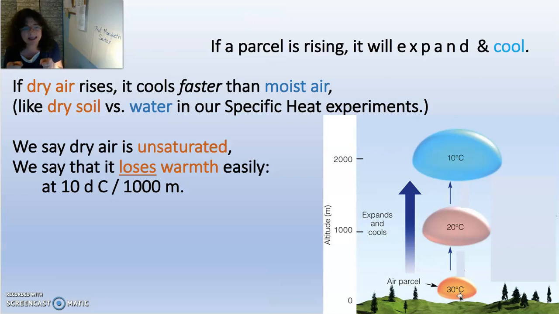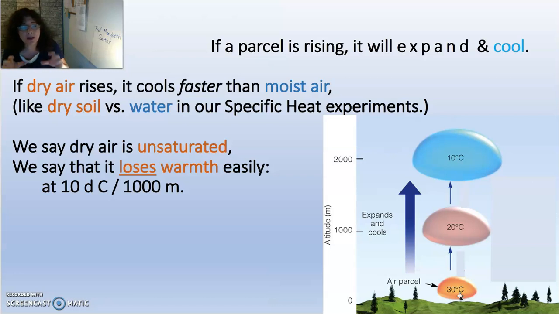And that makes sense because in your specific heat experiments, you compared the ability of dry soil to absorb heat versus water to absorb heat, and you found that the dry soil absorbed heat faster.